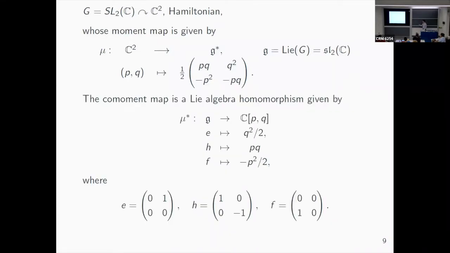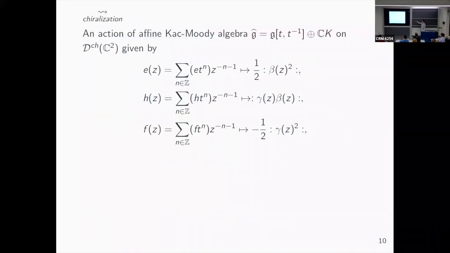And then the corresponding co-moment map gives a Lie algebra homomorphism from sl2 to this Poisson algebra generated by p and q, which is given by this formula. And if you remember, q corresponds to beta and p corresponds to gamma in the previous construction, you can just replace q and p by beta and gamma in this formula to obtain a representation of a Kac-Moody algebra on the beta gamma system by this formula.